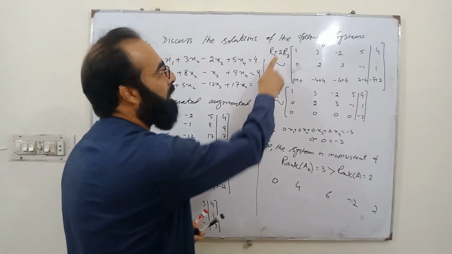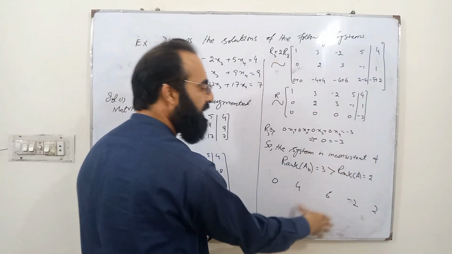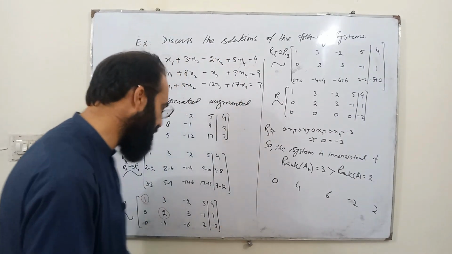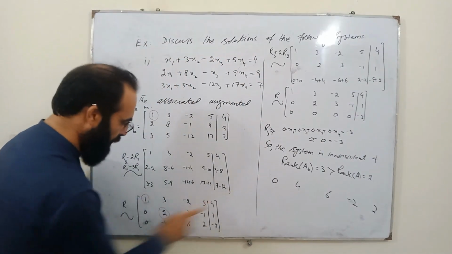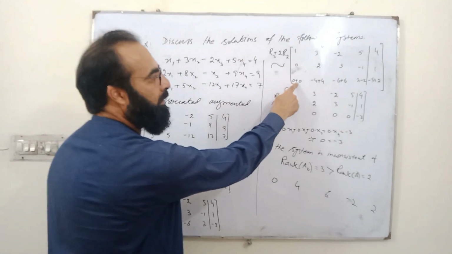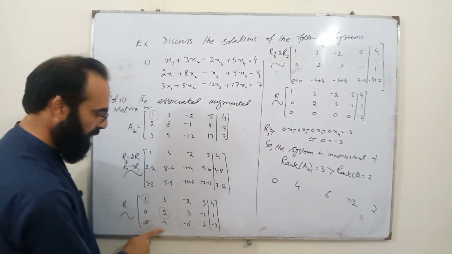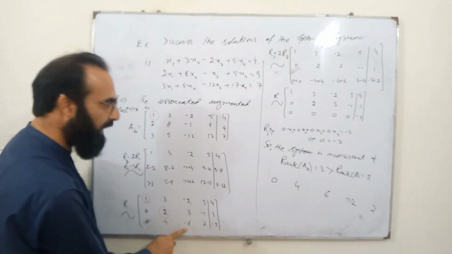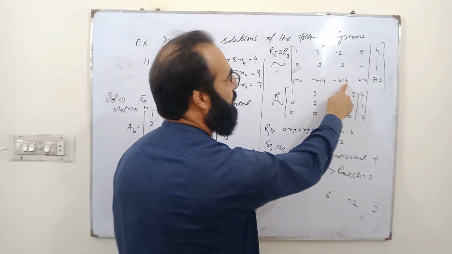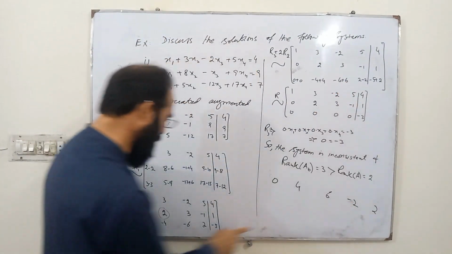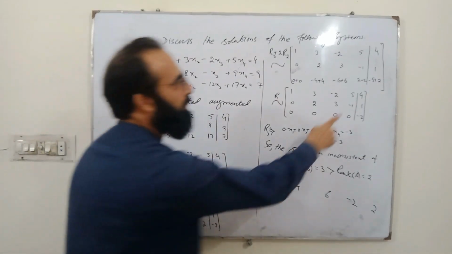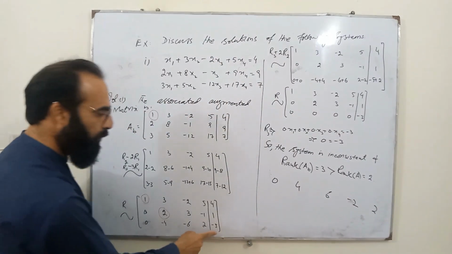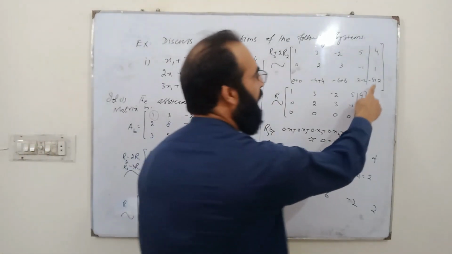So here we are basically adding these entries to the third row. We will get 0 plus 0, 4 with minus 4, we will get minus 4 plus 4, 6 with minus 6, we will get minus 6 plus 6, minus 2 with plus 2, we will get minus 2 plus 2, 2 with minus 5, we will get minus 5 plus 2.